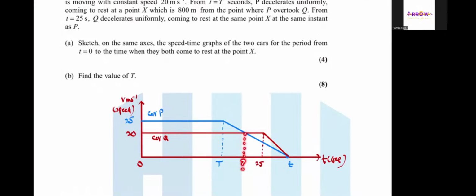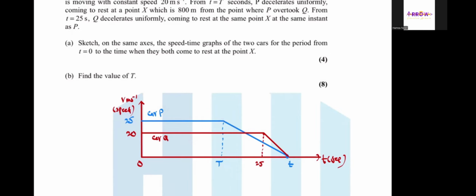And at this point, speeds for both cars would be the same, because car P is initially moving with a speed higher than car Q. So obviously, when at time t equals capital T, car P starts to decrease the speed, it has to reach a speed of 20 as well. And car Q is already moving with a speed of 20. So there should be a point of intersection between these two graphs.